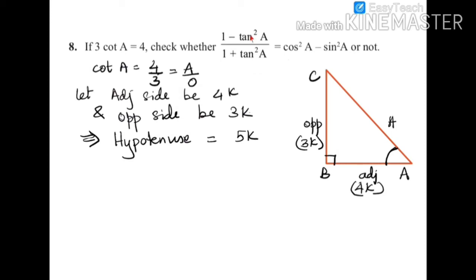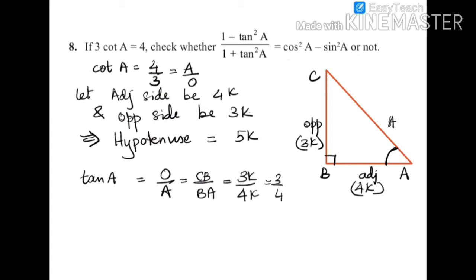Since we have to use the ratios tan A, cos A and sin A to verify this expression, let's find these ratios. So tan A is opposite upon adjacent, that is CB upon BA, which is equal to 3k upon 4k, that is 3 upon 4.